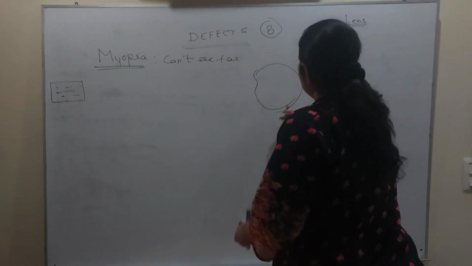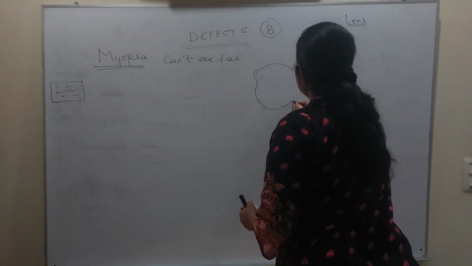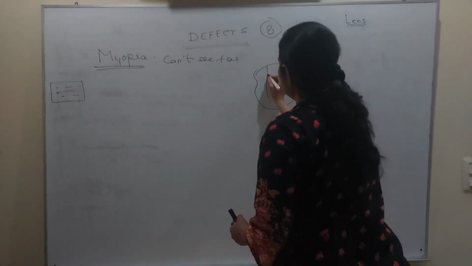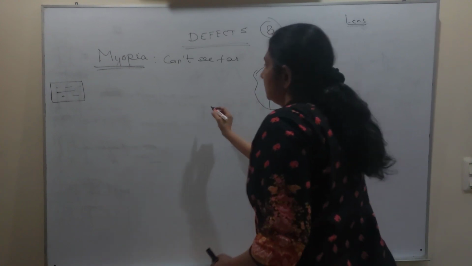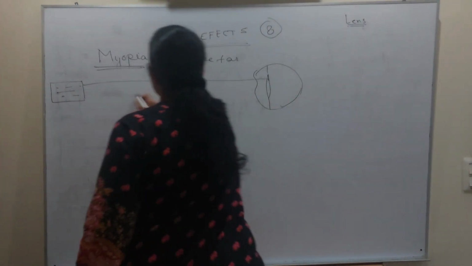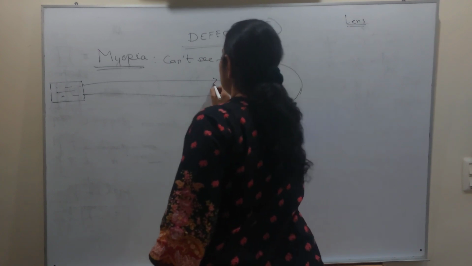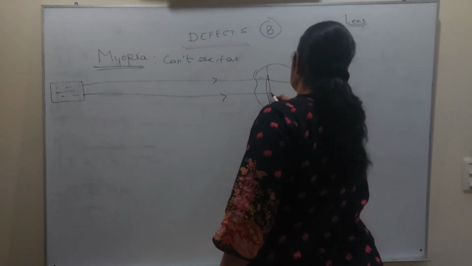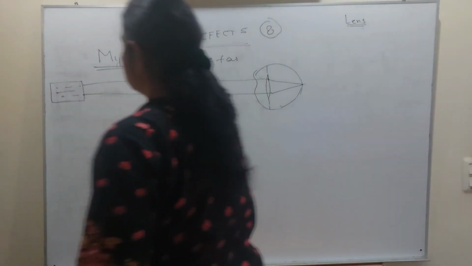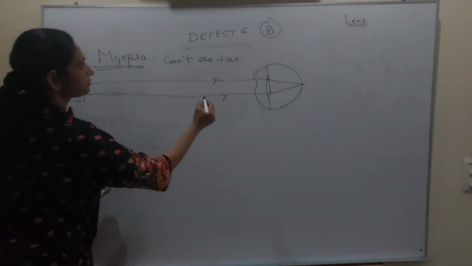We can see properly, our lens is thin. We are not going into details of this. The rays are parallel. This we have done many times. I'm not discussing this in detail. Okay, so this is a correct eye.